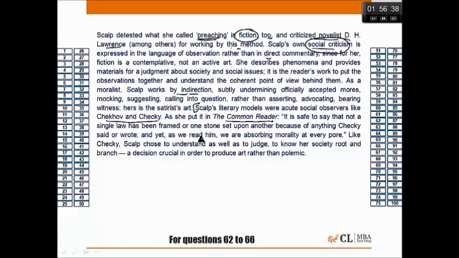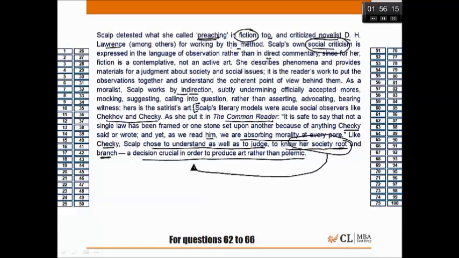And yet, as we read him, we are observing morality at every pore. Like Chekhov, Sculp chose to understand as well as to judge, to know her society, root and branch, a decision crucial in order to produce art. So knowing society, root and branch, is crucial to produce art. That's the relation between Chekhov and Sculp.